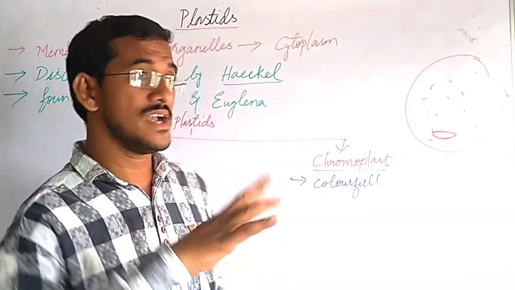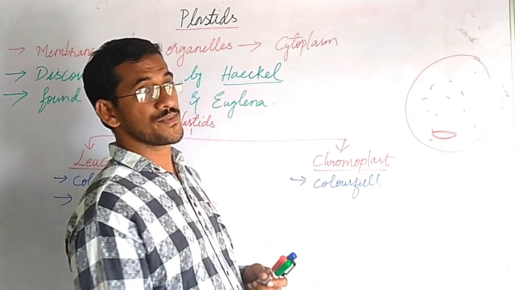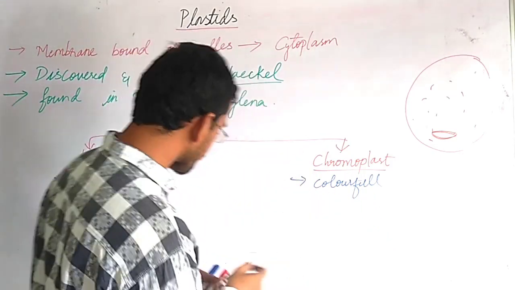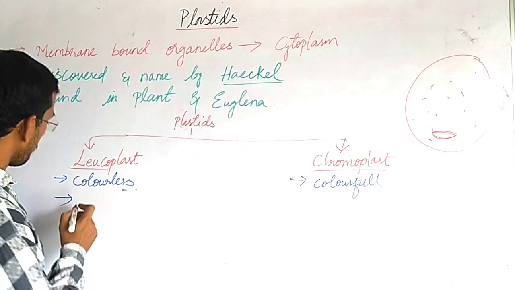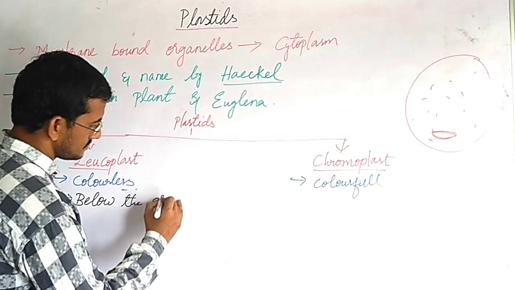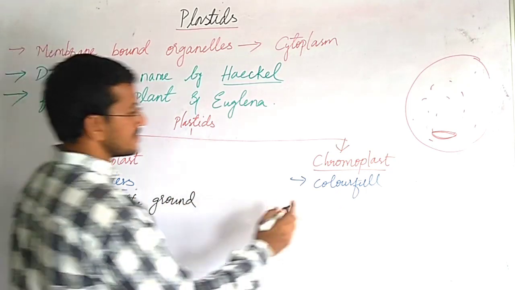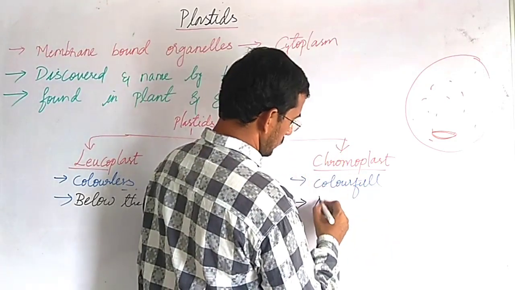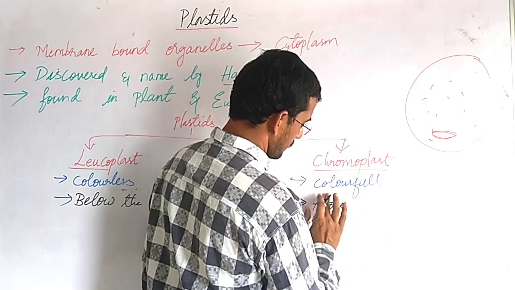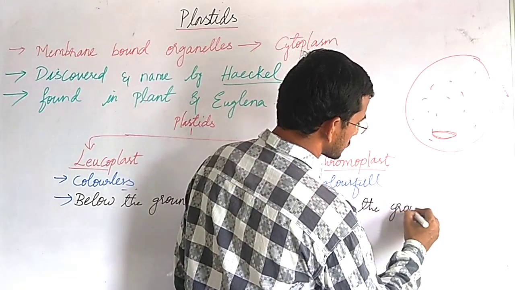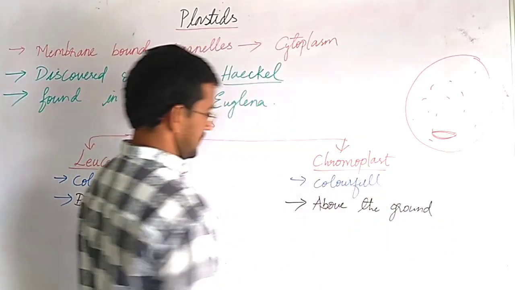These different colors are present because of chromoplast. So leucoplasts are below the ground, and chromoplasts are present in plant parts above the ground, or we can say exposed to sunlight.